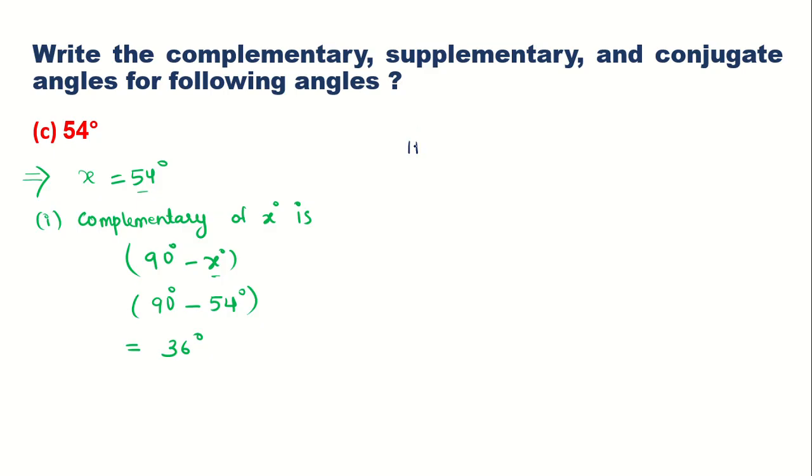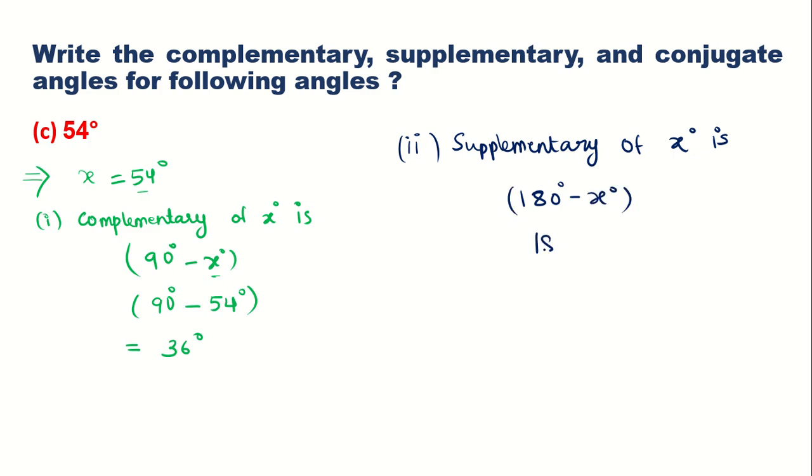Next, we'll find the supplementary angle of the given x degrees. So the supplementary of the given x degrees is 180 minus x degrees. 180 degrees minus how much is x? 54 degrees. So what answer will you get? 180 minus 54, 126 degrees. Next, we'll find the conjugate.